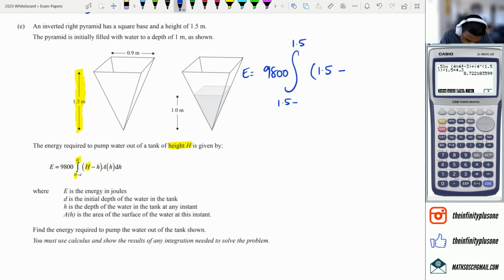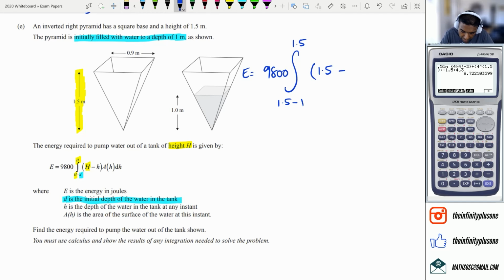Okay, now the next thing is the little h. Actually not even, let's look at the letter D, right? The D is the initial depth of the water in the tank. And that's right here, the initial depth, which is 1 meter. So we can put the little d, which is highlighted here, as 1.